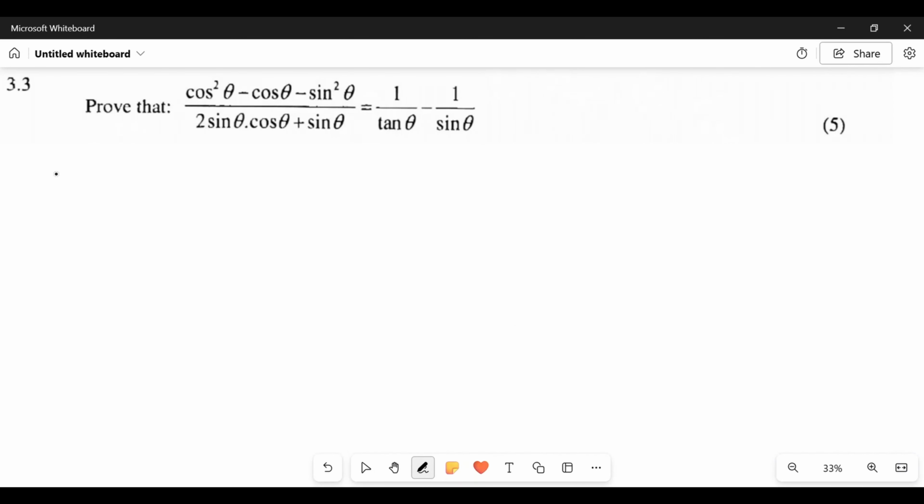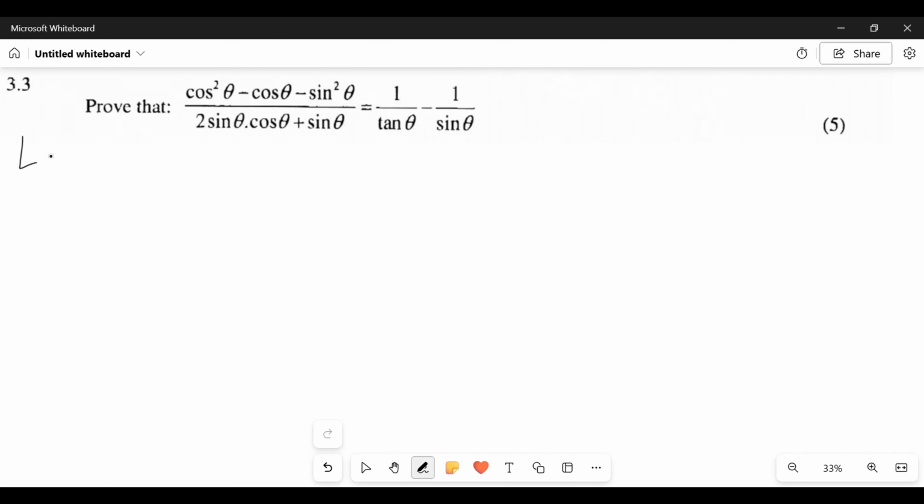Let's look at 3.3. Now 3.3, the question, they want us to prove that the left hand side, which is this one here, is equal to the right hand side, which is that one there. Guys, the best way of doing this one is to always select the most complicated side. So we're just going to select the left hand side because it's the one that is complicated.